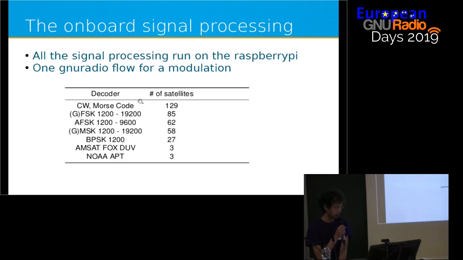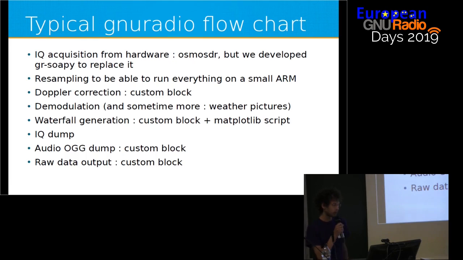We are also able to demodulate the weather pictures from the NOAA satellites. Like in every GNU Radio flow chart, it's nearly always the same. We first do the raw data acquisition from the hardware.